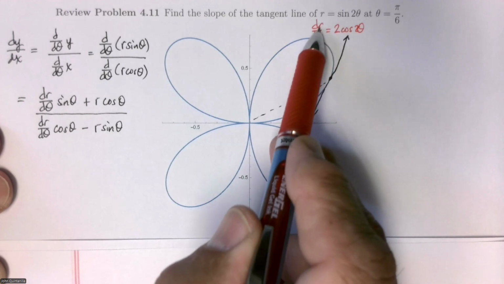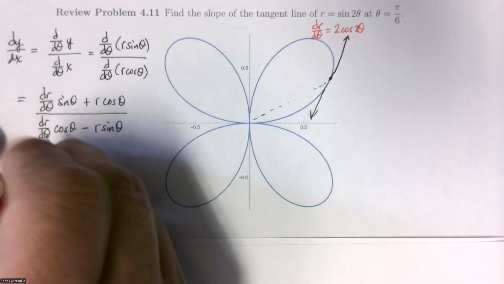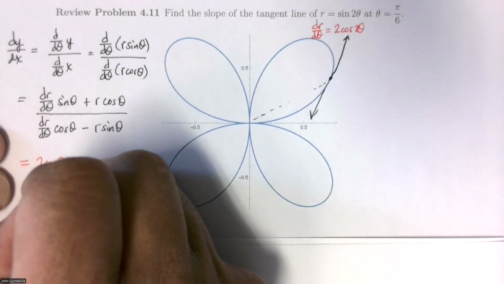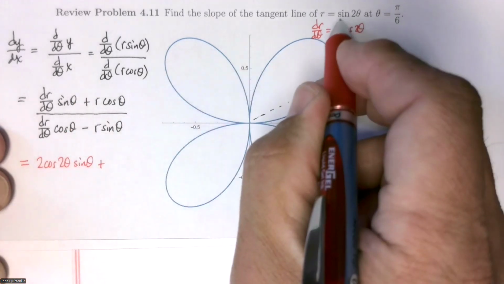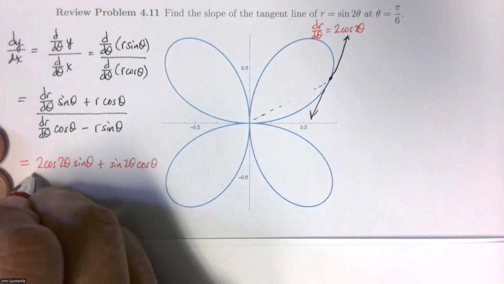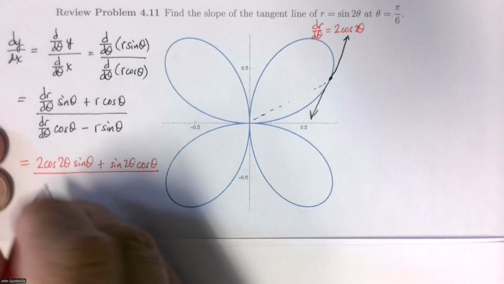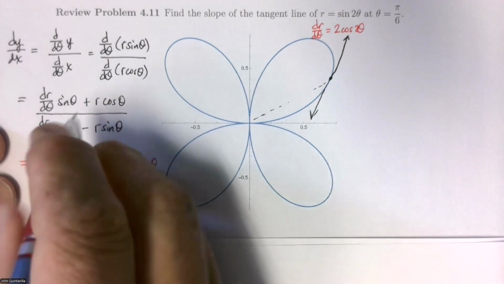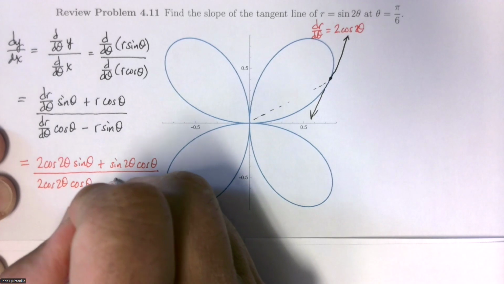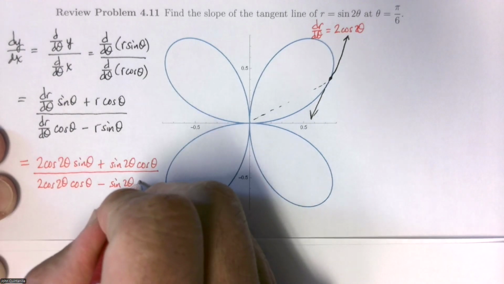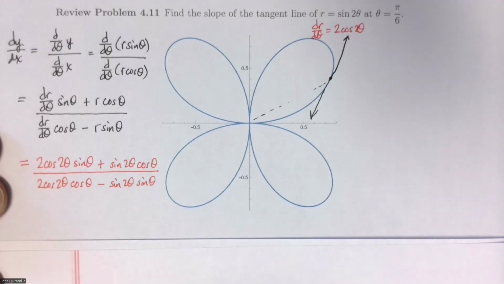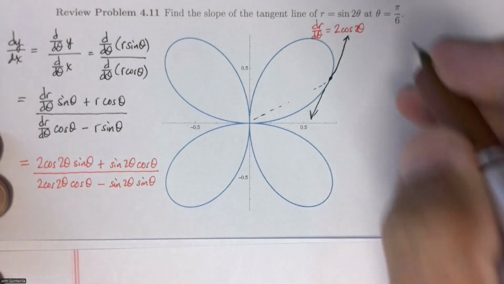I plug in for r and for dr/d theta, and so I get on top: 2 times the cosine of 2 theta times the sine of theta, plus r, which is sine 2 theta, times the cosine of theta, all over dr/d theta, so 2 cosine 2 theta again, times the cosine of theta, minus r, which is sine of 2 theta, times this extra sine of theta. And so that is the formula that I will use for this particular curve. Okay, now I plug in pi over 6.